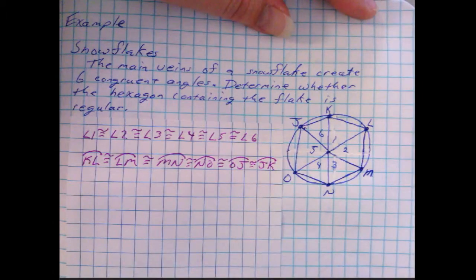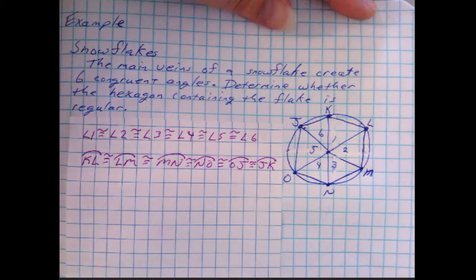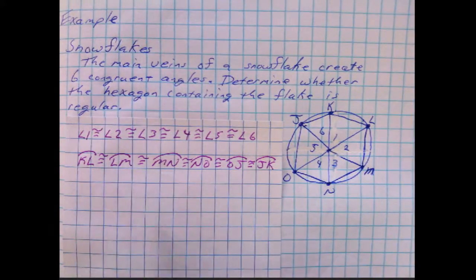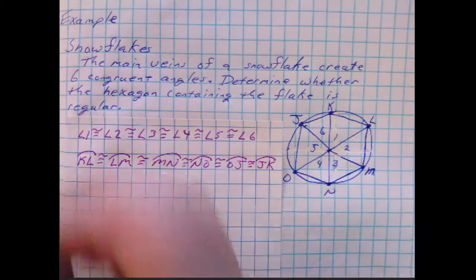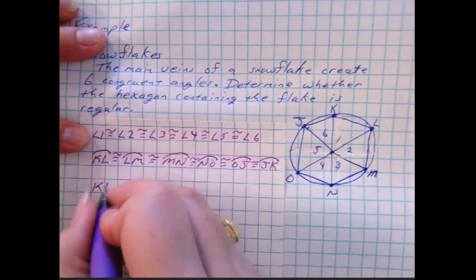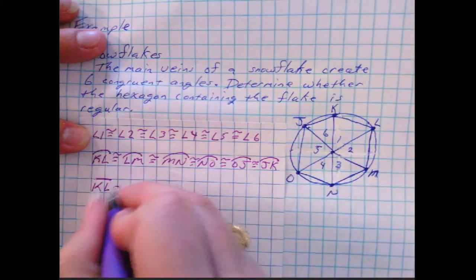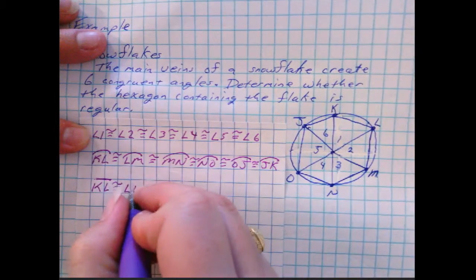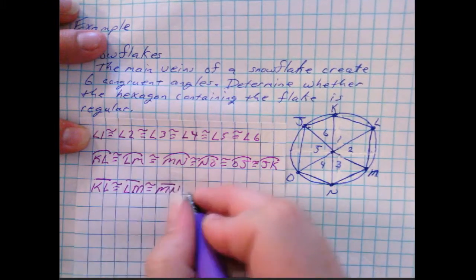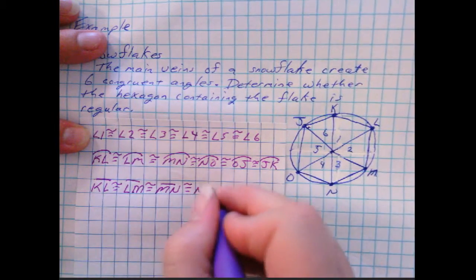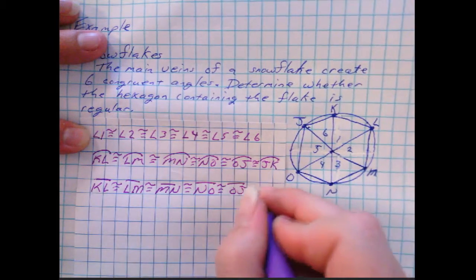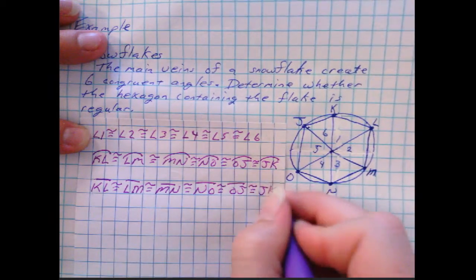So all 6 of our arcs are also congruent. And if you remember back to that theorem, it says if the arcs are congruent, then the chords are also congruent. So we can also say that chord KL is congruent to LM, which is congruent to MN, which is congruent to NO, congruent to OJ, and congruent to JK.